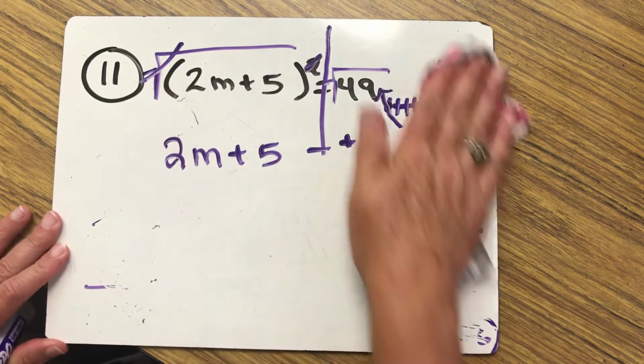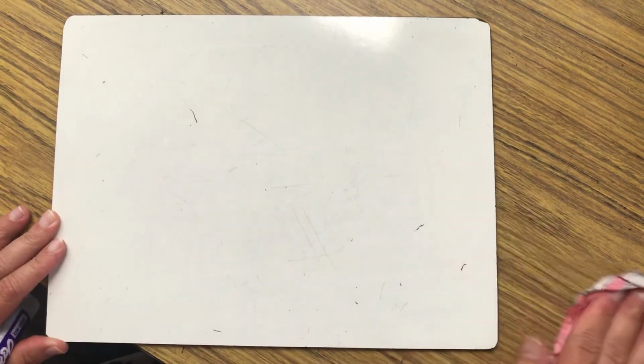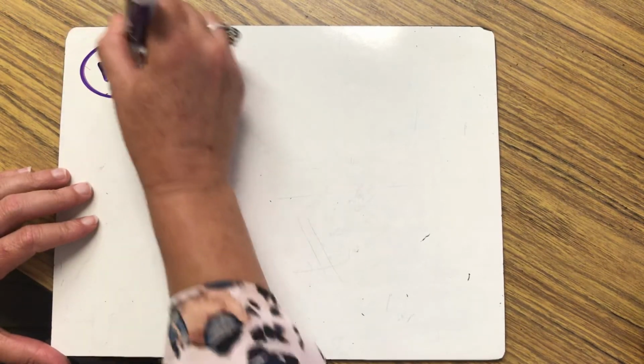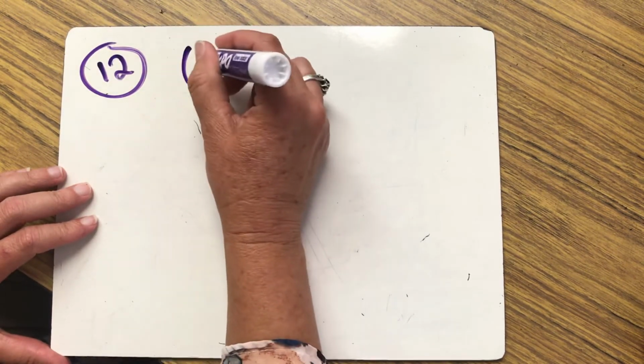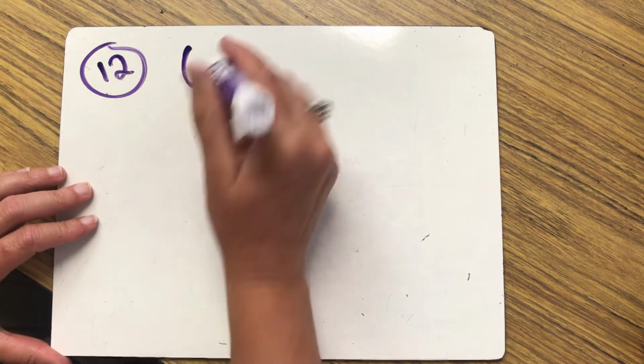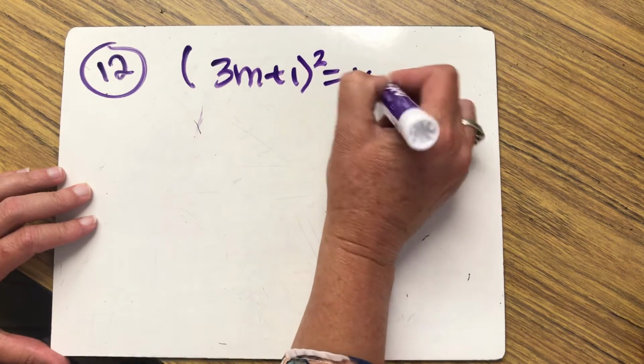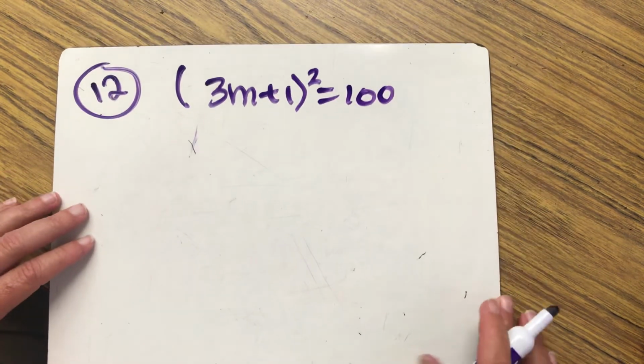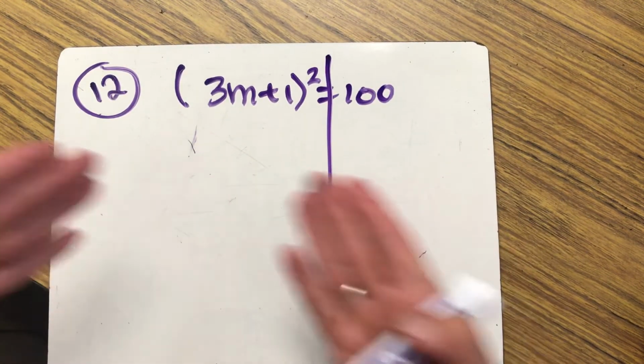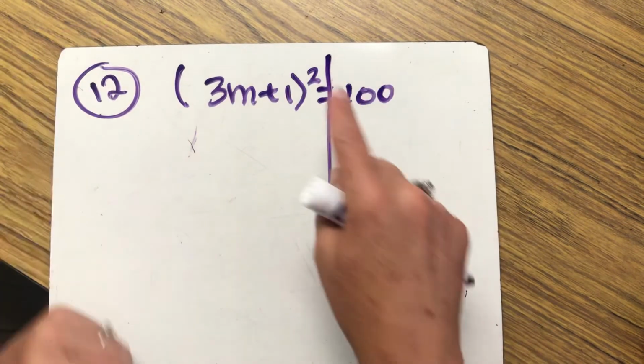Okay, let's do that last question, question number 12. Okay, here we go. We have 3m plus 1 squared equals 100. We can already see, if I draw my line, that the only thing over there is this thing squared.